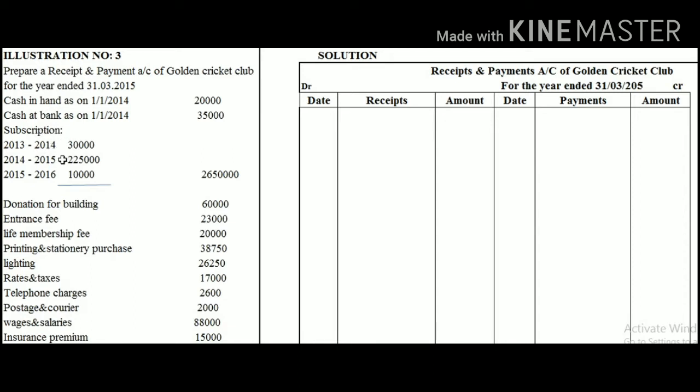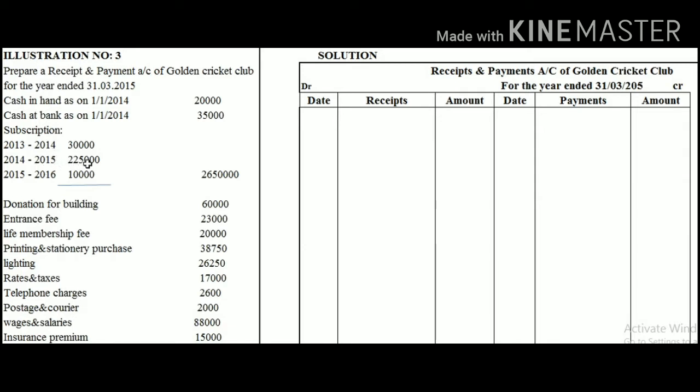One of the main features of receipt and payment account is that all the receipts received in this particular year are recorded, irrespective of the year to which they belong. It records all receipts and payments irrespective of the period to which they belong. It means it records receipts and payments for the past, the current or the future period.